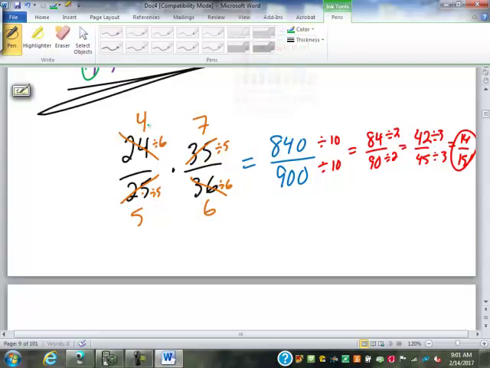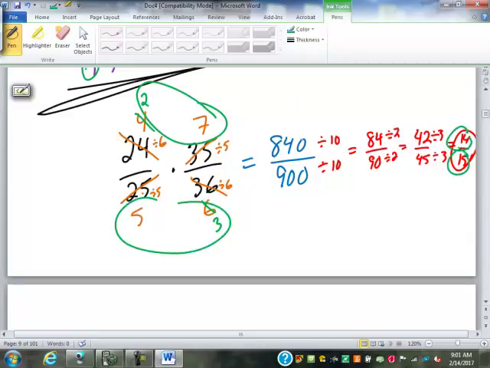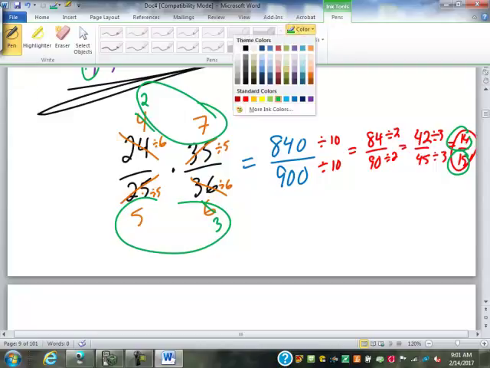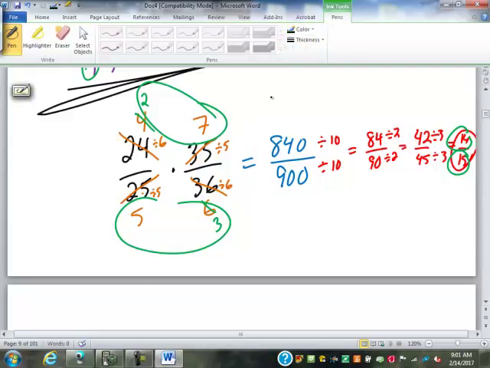Now you might see that both of those can still be divided by 2. 4 divided by 2 is 2. 6 divided by 2 is 3. And now 2 times 7 is 14. 5 times 3 is 15. There it's a whole lot easier to reduce before we multiply. Now if you're using your calculators, it may be about the same amount of work either way, doesn't it?